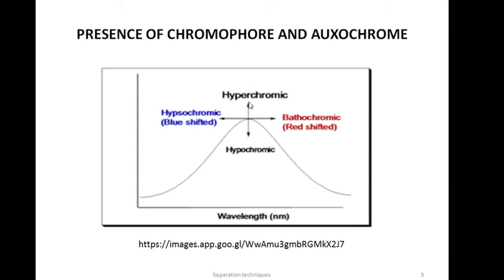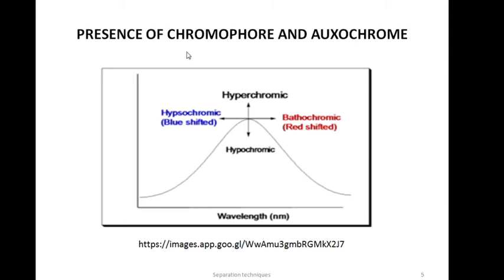Now next we have two more shifts, hyperchromic and hypochromic. These two are in response to auxochromes. Okay. What are auxochromes? They are auxiliary chromophores. Auxiliary means they help the chromophores. They intensify the color which has already been given by a chromophore.